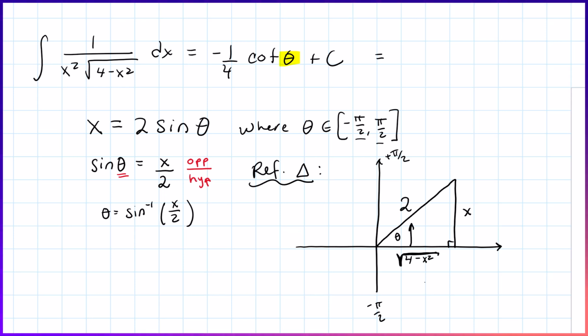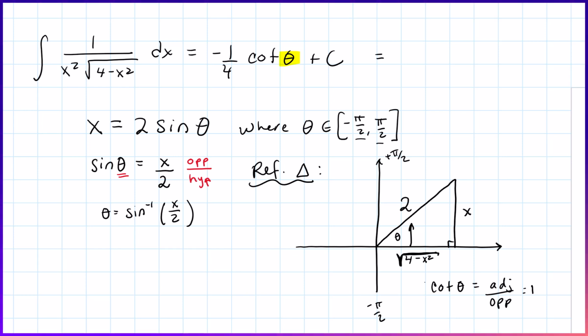So this triangle, regardless of which side it's drawn in, I can use to find the trig ratio of any of the trig functions. So the cotangent, for example, of this angle, given this reference triangle, is always the adjacent side over the opposite side in the right triangle.